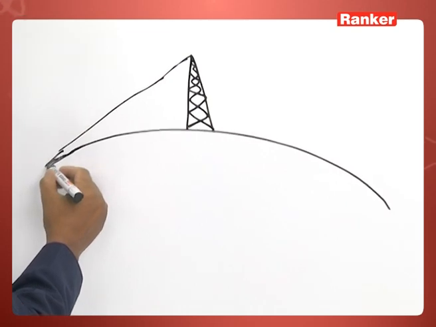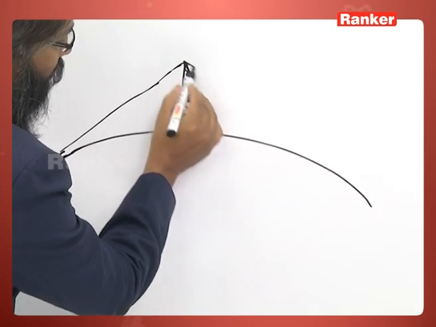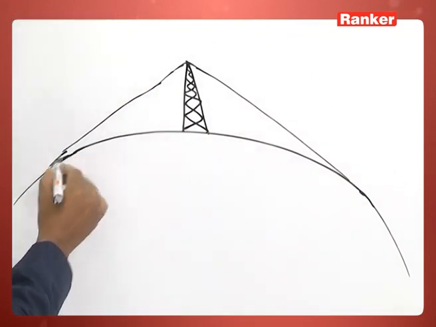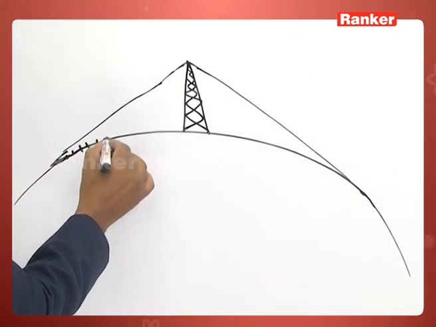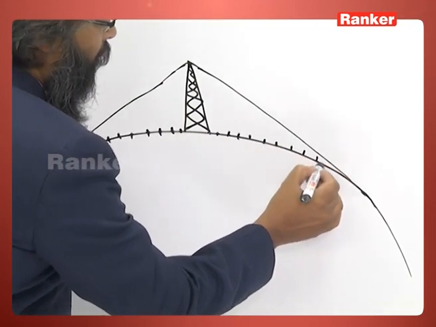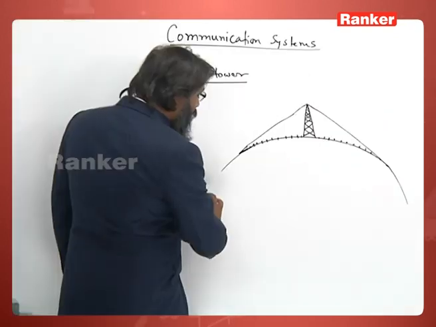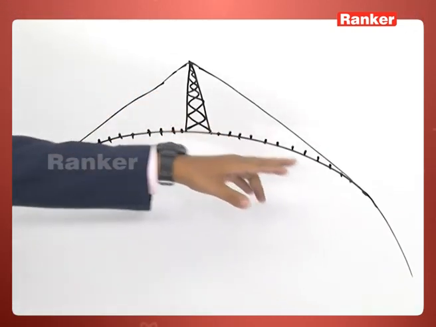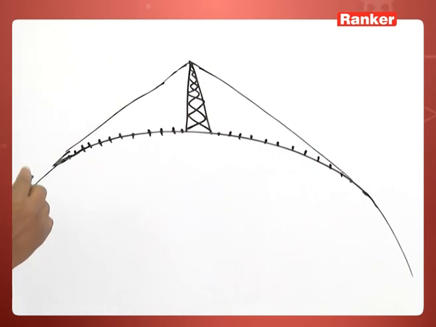On this curvature, all this region is within the range, and the region beyond this cannot receive the signal. So, this is the range. This is a highly exaggerated diagram.